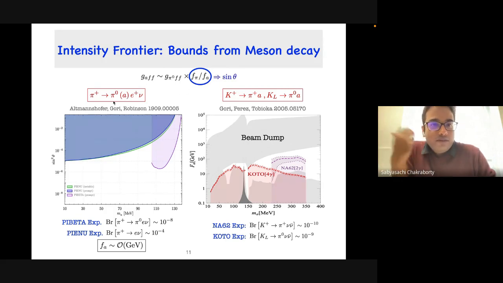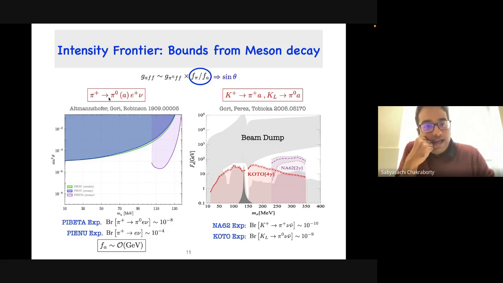Now what people did with pion processes were, for example, pi-beta experiments where charged pion decays to pi naught electron neutrino. This is phase space suppressed, therefore the branching is extremely small. Or pi-e-nu experiments where pi plus decays to electron neutrino. This is suppressed because of chirality, and the branching is around 10 to the power minus 4.